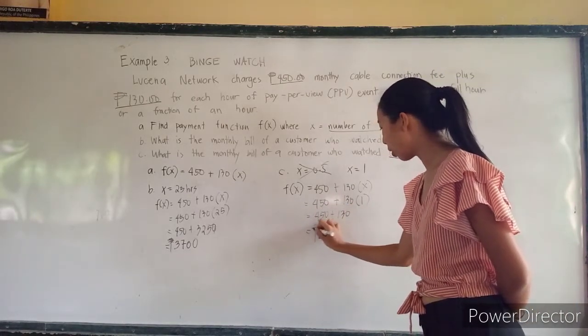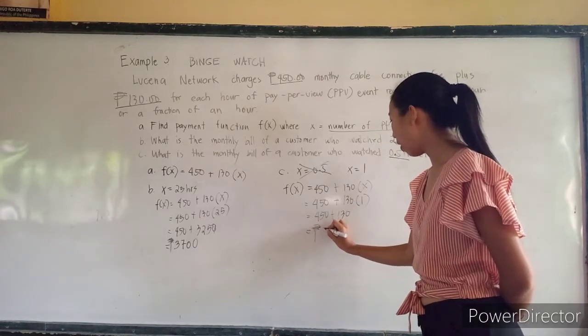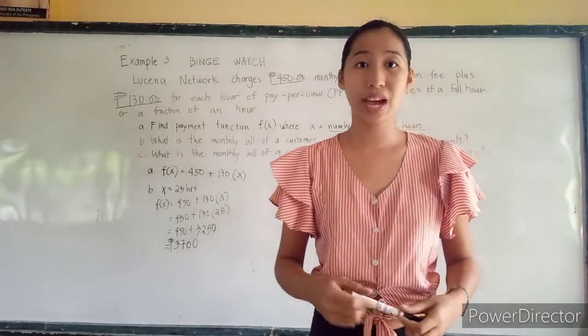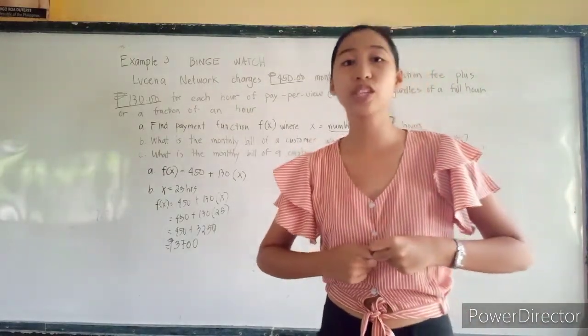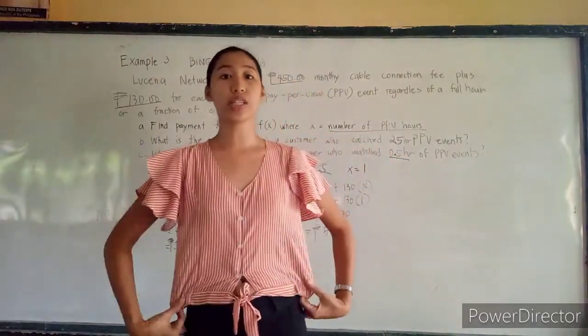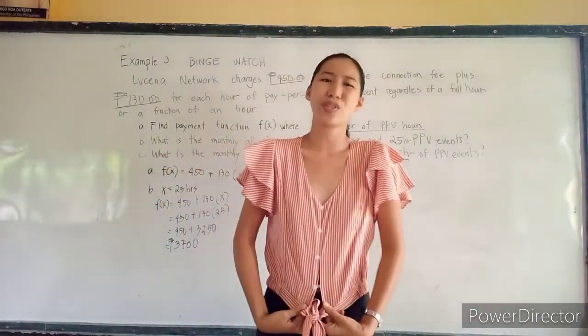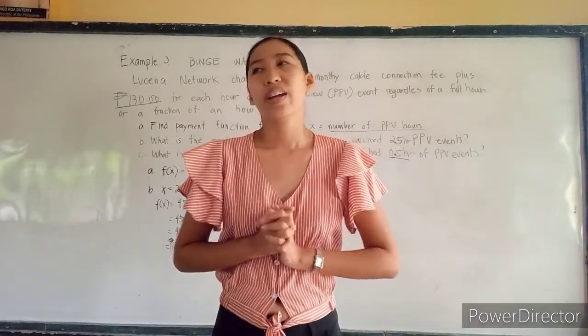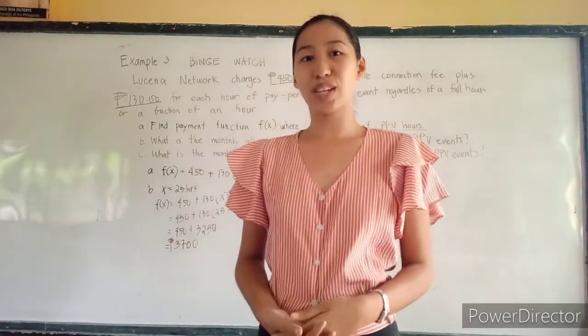Therefore, that customer is going to pay 580 pesos for that month. Okay, so that is how you use functions in real-life situations. Actually, we have been using functions for a long time, but we just didn't realize that we were using functions.